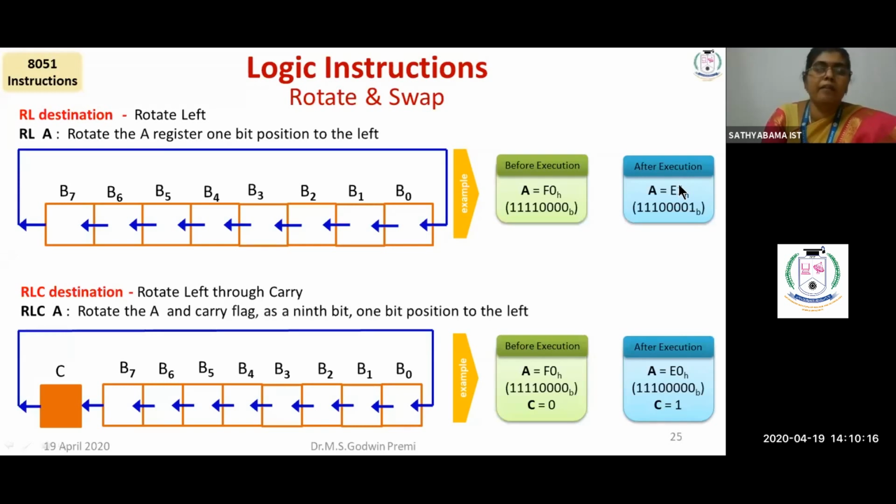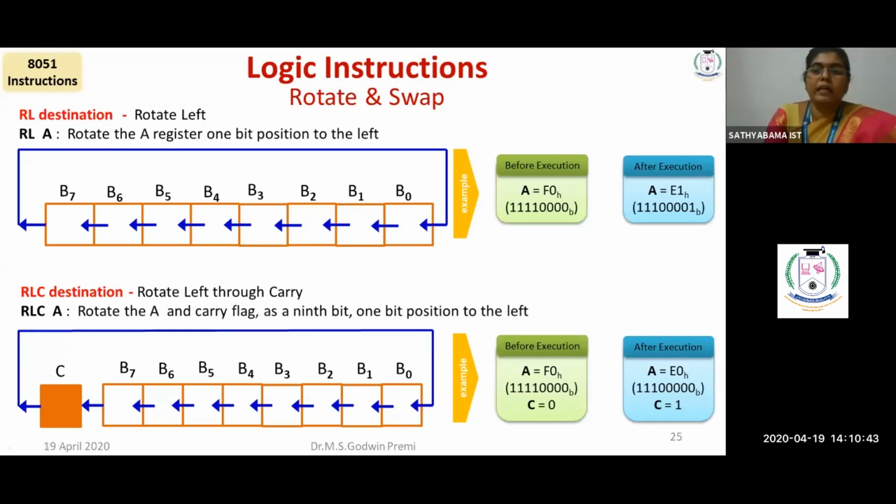In same way, B6 to B7, B7 to carry, carry to B0. So the carry bit, after rotation, will be changed to the LSB. So just we can see before execution, we had F0, carry is 0. Then after execution, it will be changed to E0. So carry is equal to 1.